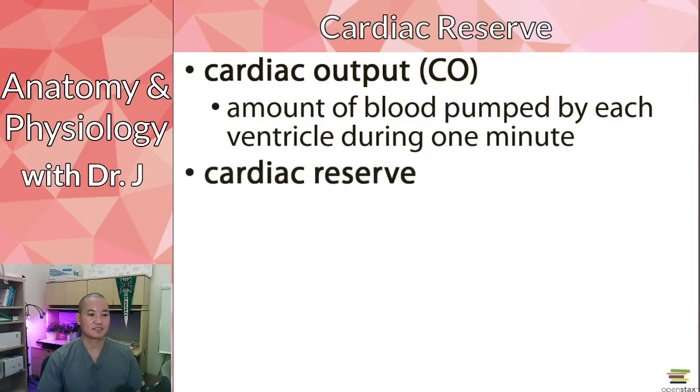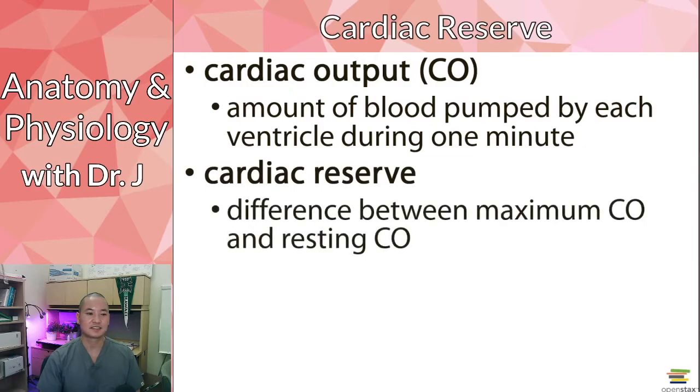And then cardiac reserve. This is an interesting thing. It's the difference between your maximum cardiac output and resting cardiac output. Your resting heart rate is going to be around 60 to 100, but if you're exercising as hard as you can, especially for you young people out there, you might be able to reach 200 or higher. That would be your maximum.